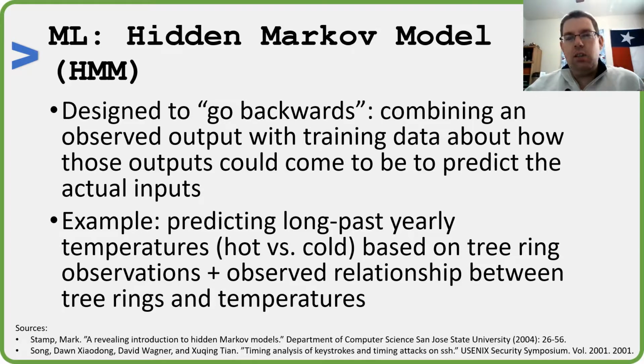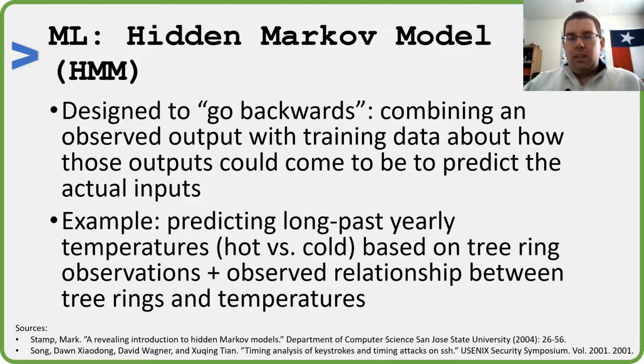Let's say you want to measure the general temperature from a century or two ago, back before they had temperature readings. What you can do is look at a really old tree and look at the tree rings, because you get a new tree ring every year.